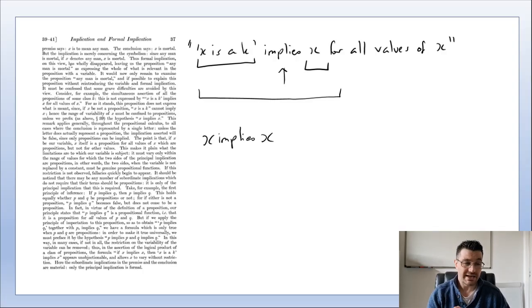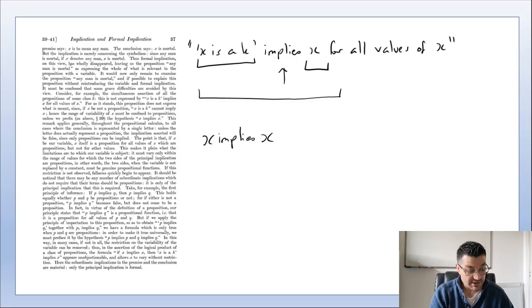But by inserting this extra little bit, this x implies x, in a particular way, what he guarantees is that this x is a k implies x is a propositional function. Well, along with the x implies x, it's a propositional function which will have this elegant property of being always true, and hence will be a formal implication.